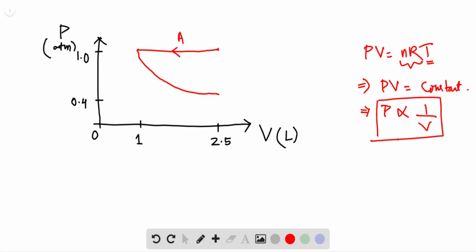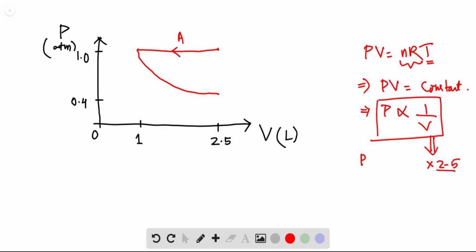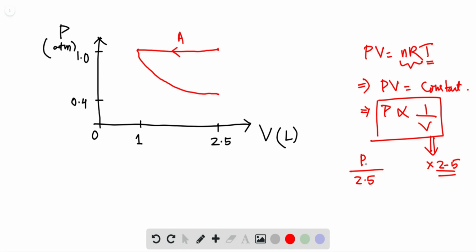The final point on this segment is at a pressure of, so we started at 1, and since volume goes from 1 to 2.5, which means that volume gets multiplied by a factor of 2.5, therefore pressure must be divided by a factor of 2.5, because these two are inversely proportional.